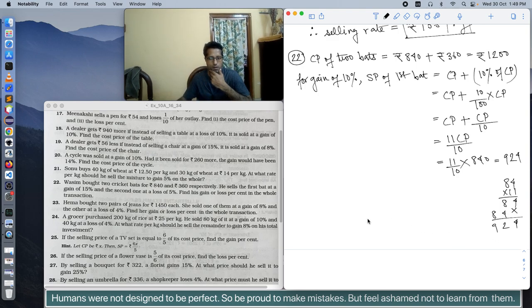Similarly, we have to find the selling price of the second bat when it was sold at a 5% loss.